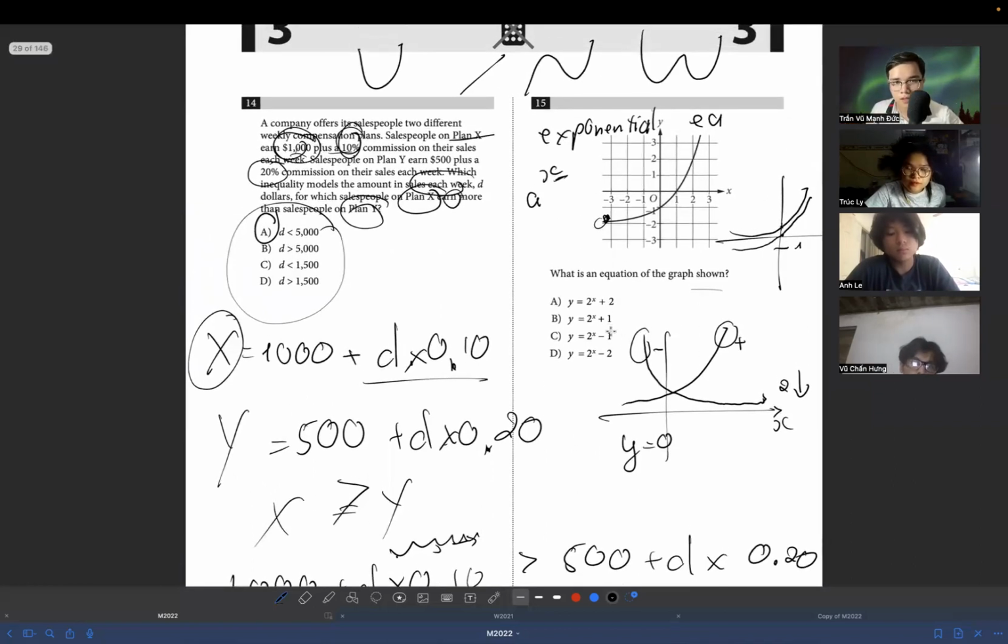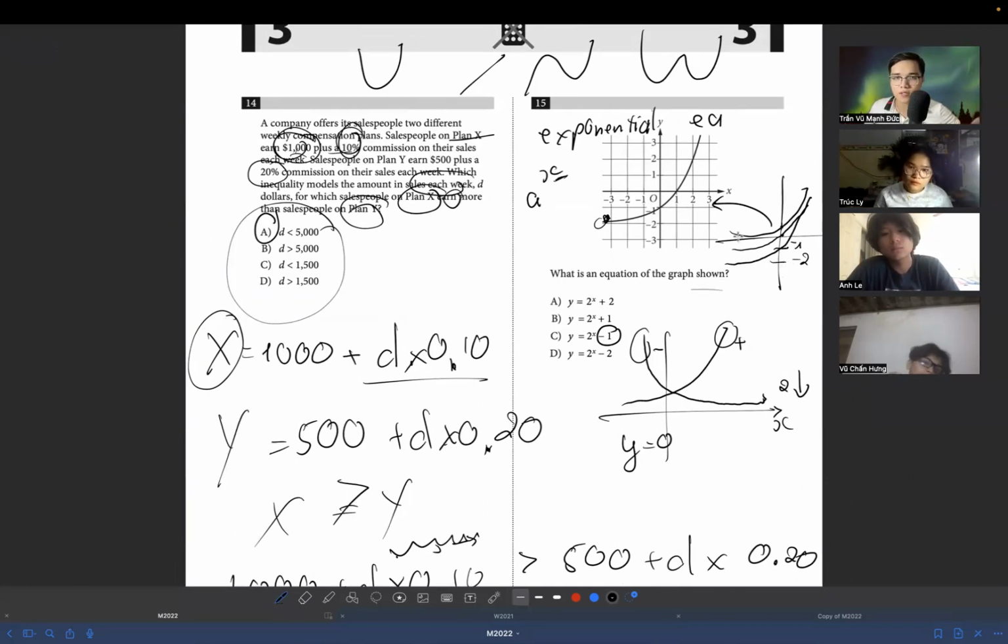But how can we make this to this? We move it down further, move it again 1 unit down, and it approaches 2. So it becomes like this. No, not like this. It becomes like this. See, oh God, it crosses 1, but it's not moving down 1 unit. It moves down 2 units.